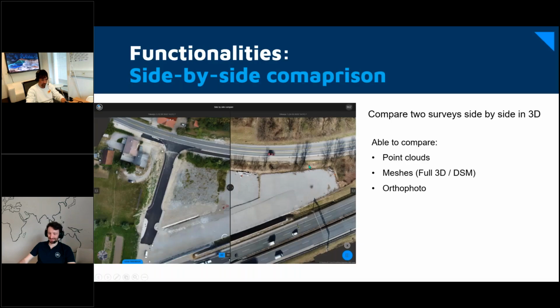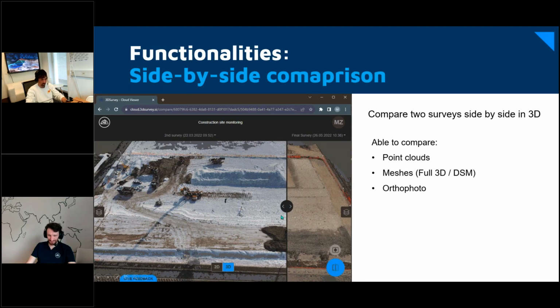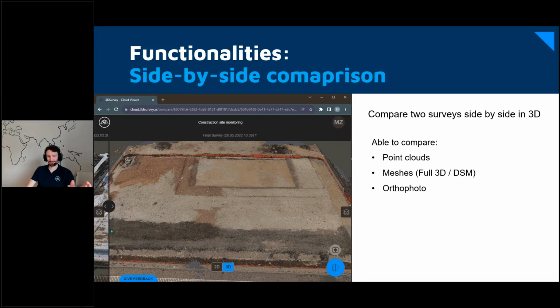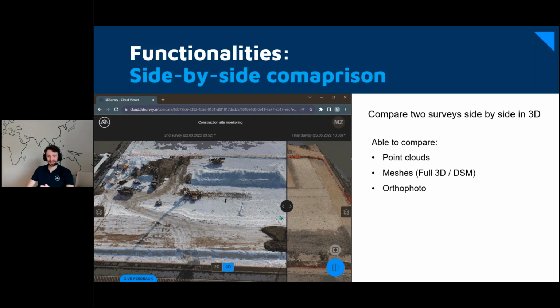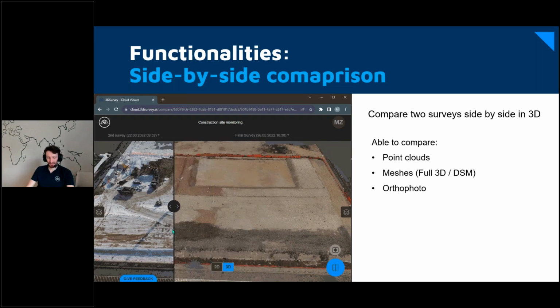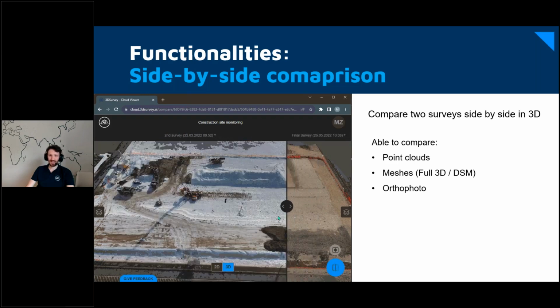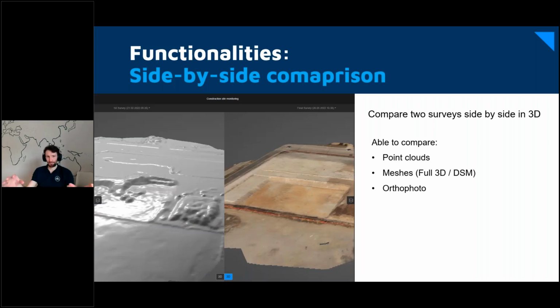As I mentioned, you have side-by-side comparison that works in this way: you can slide the view left and right to compare two stages of, let's say, a project. You can do this also on meshes, and there's a hidden feature here. If you upload DSM, so surface models, you can render them in this style that you see on the left side.